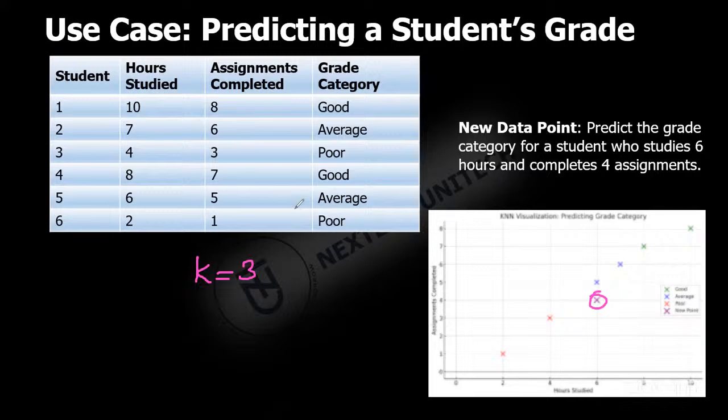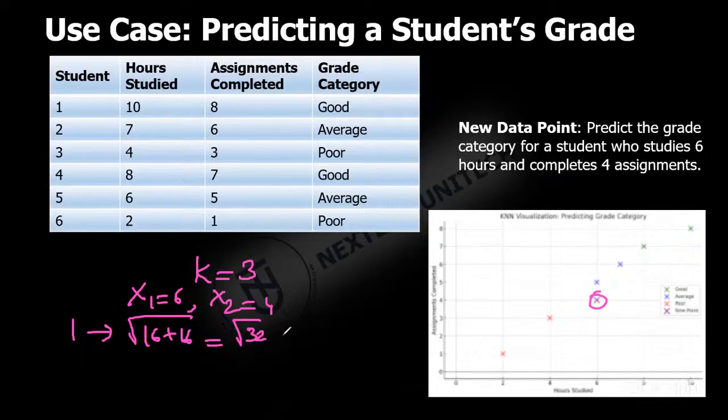The new point has x1 as 6 and x2 as 4. For the first student, 10 minus 6 is 4, 4 square is 16, and the other difference also gives 16. The distance is square root of 16 plus 16, which is square root of 32, nothing but 4 root 2.